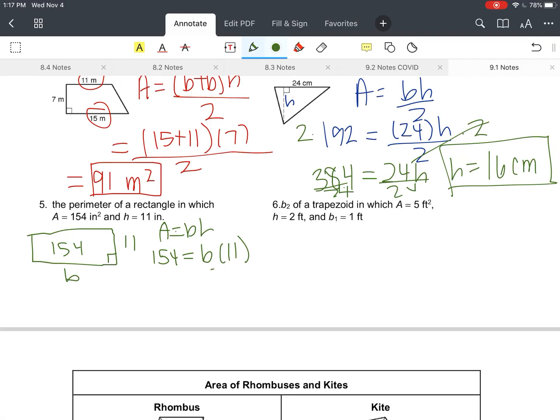In this case, my area is 154, my base is unknown, and my height's 11. So I can divide both sides by 11 to solve for b. So b is 14. So I can go ahead and write that in.